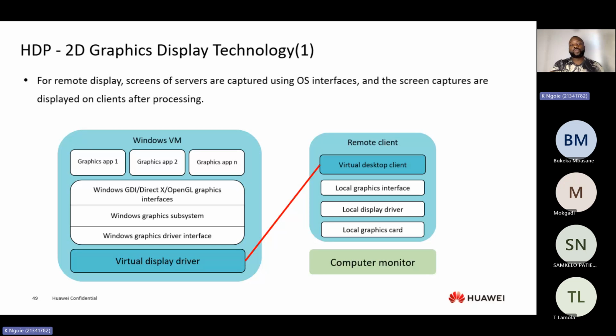Looking at the image that we have here, it can show you how in a virtual desktop environment, the process of displaying 2D graphics involves a cooperation between the operating system, the display driver, the graphics card, and obviously the thin client, or any other device that can be used.